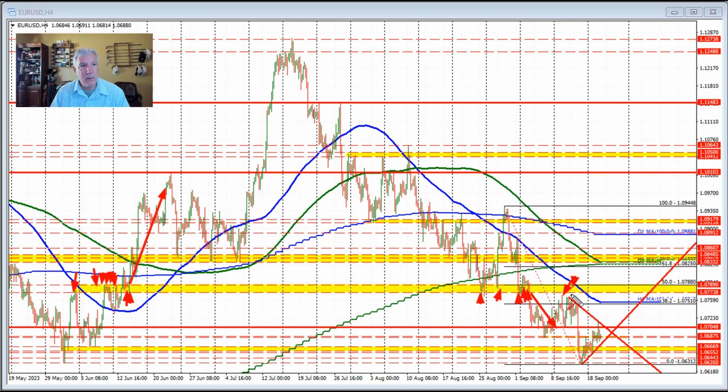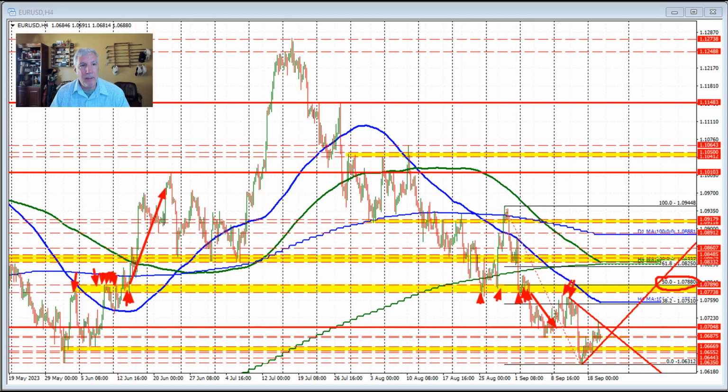Our last moves to the upside in last week's trading fell short of the low of this area between 1.0773 and 1.0789, where the 50% retracement also comes into play. So this level is going to be a key barometer on the top side to get to and through on further momentum in that direction.